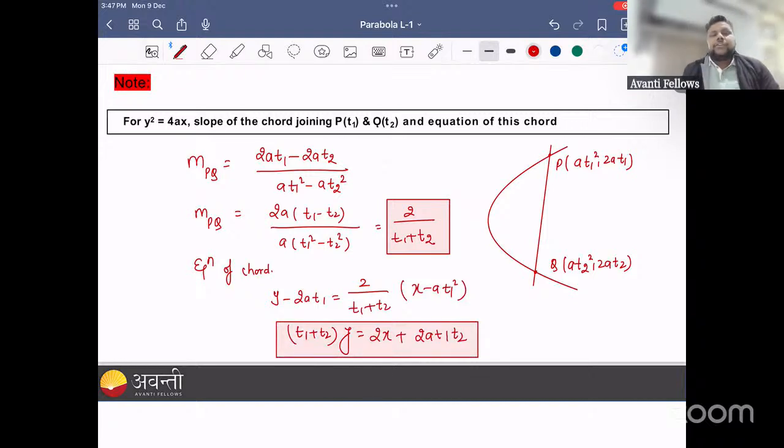This is the equation of the chord joining t1 and t2. Am I clear?